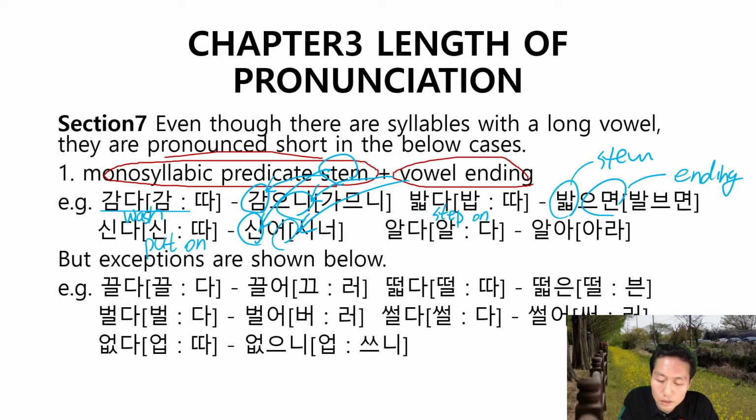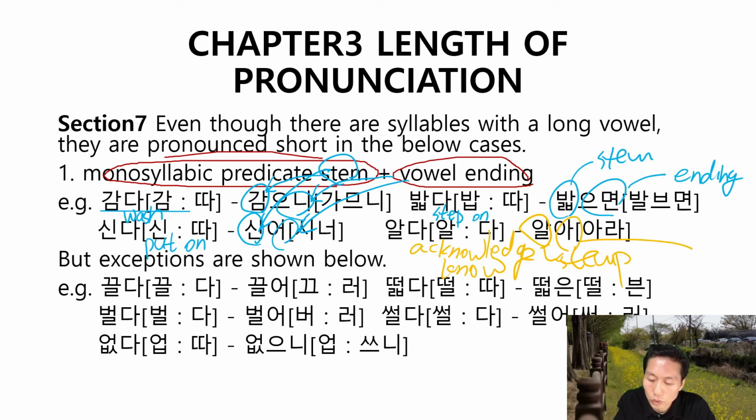알다 means acknowledge. 알 is what? Yeah, stem, and the ending is a vowel ending. But you know, as English does have exceptions, the Korean language also has exceptions.